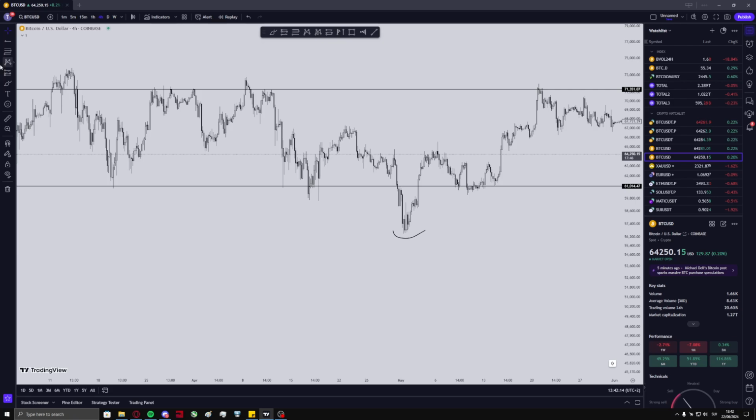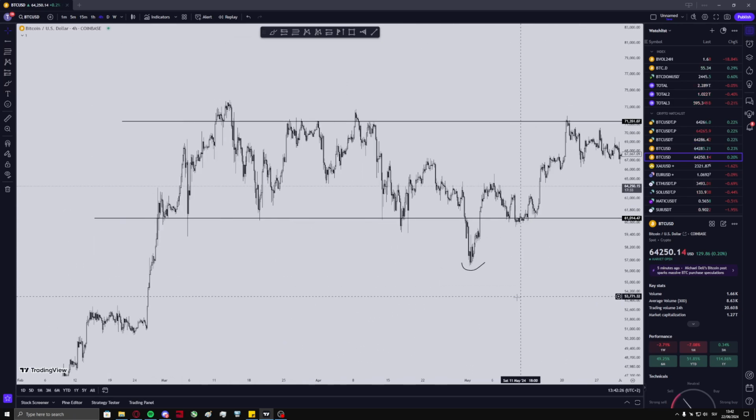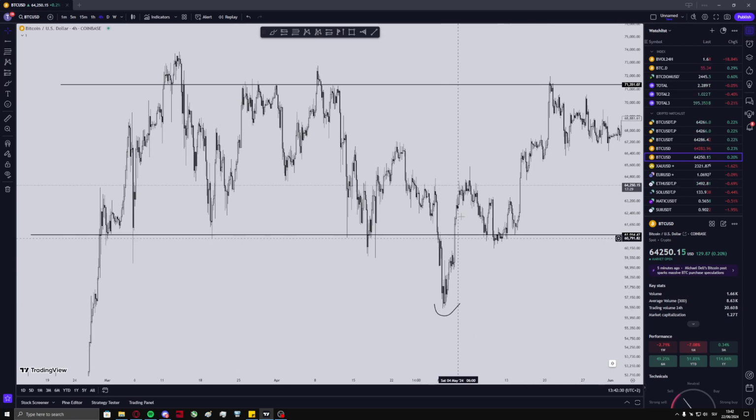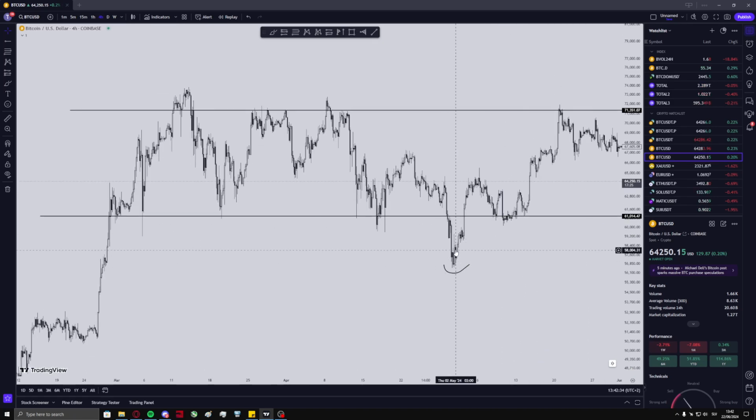So you can be sure that there were so many people who shorted this area, and we ended up just blasting through and going higher, right? I mean, of course, it just makes sense to liquidate them, to generate liquidity. People shorted here, the people who know what they're doing bought here, right?